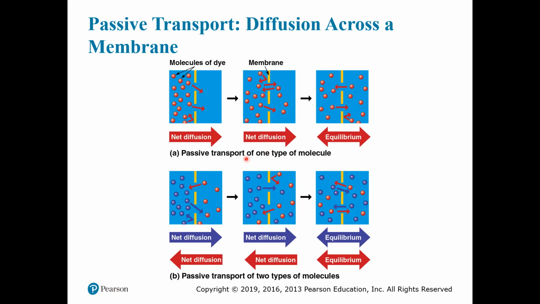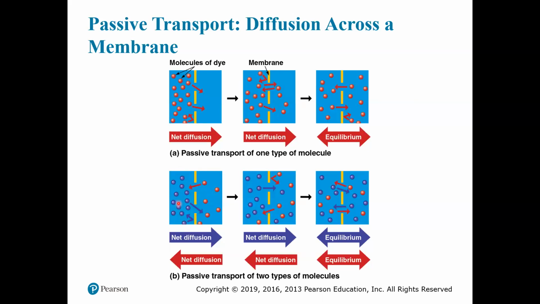You can have multiple concentration gradients for different molecules. Each molecule will have its own concentration gradient. For example, in this bottom figure, the purple molecules are on the left-hand side, the red molecules are on the right-hand side.